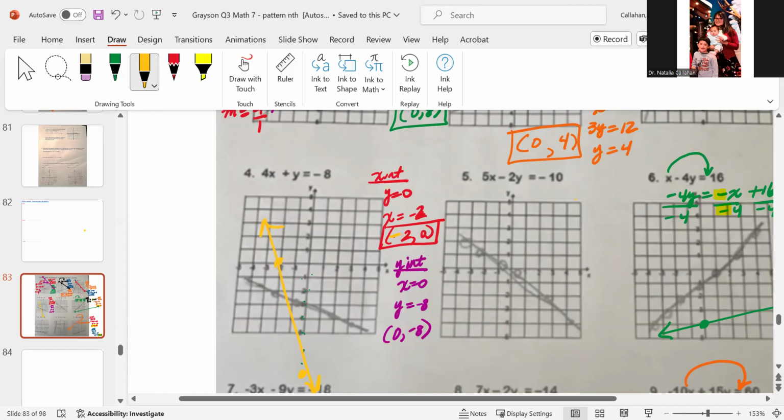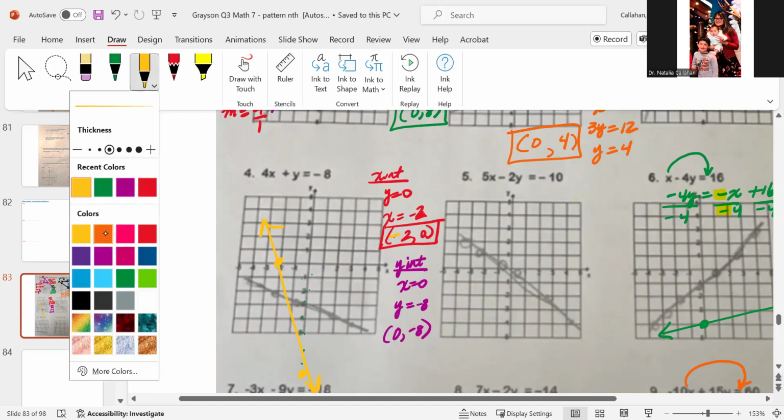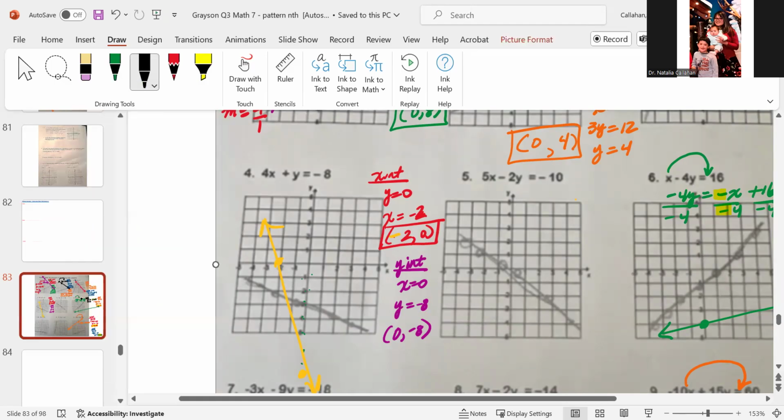The dot right there was supposed to indicate negative. Okay, let's take a look over here.